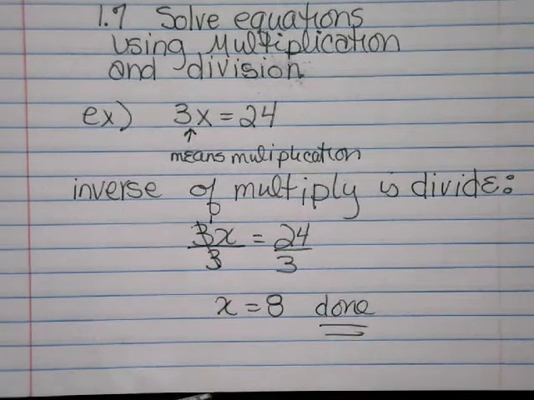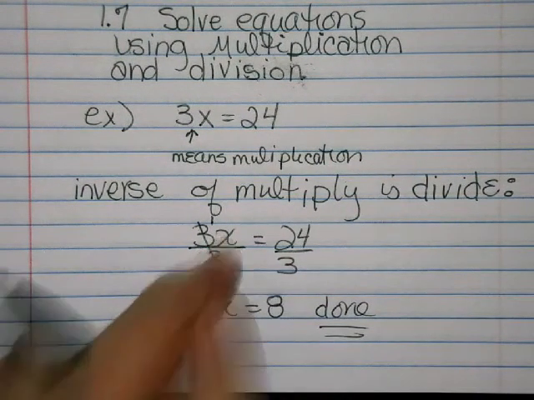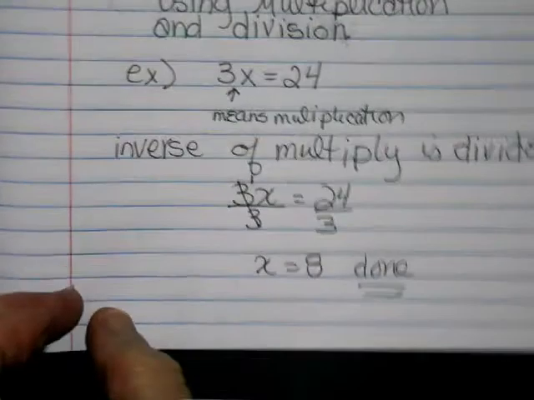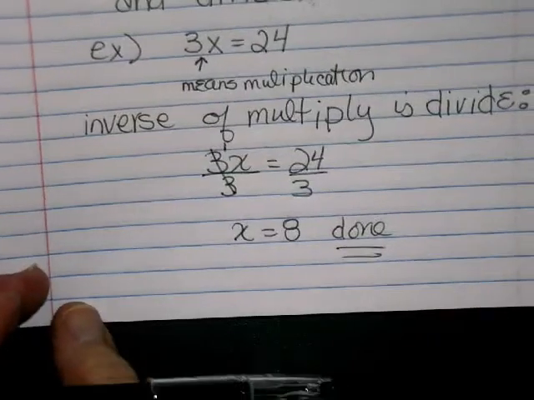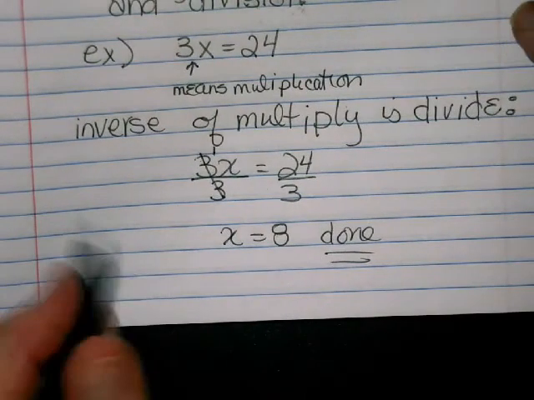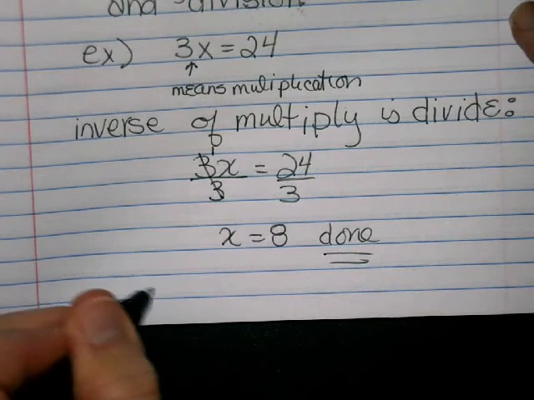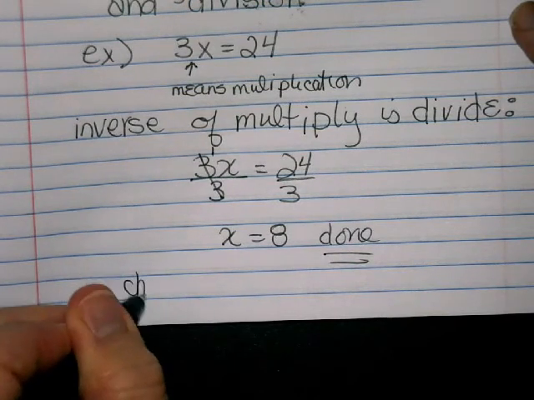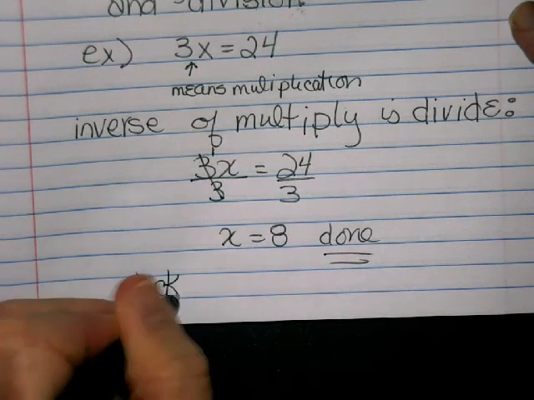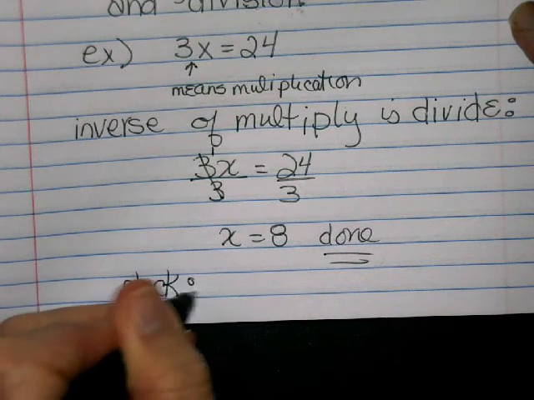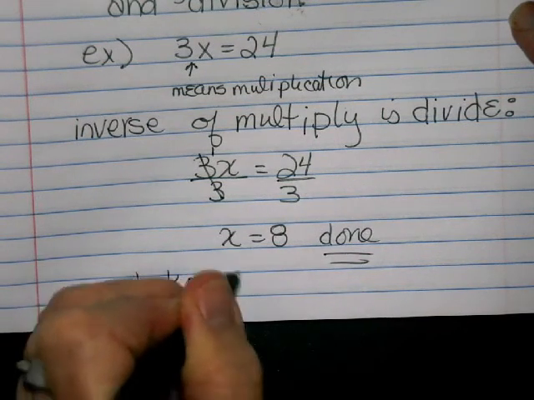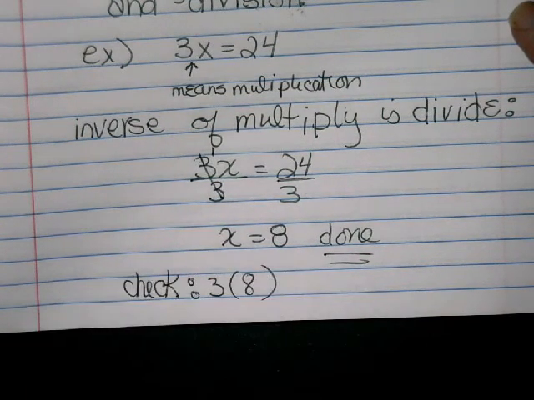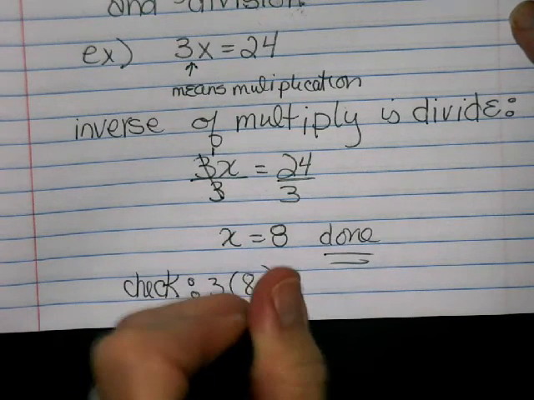Now you can check your work by putting that 8 back in here. I don't check very much, and that probably gets me in trouble. I should check more often because I would get a better grade, right? So 3 times 8. Here's another way to do multiplication, use parentheses.